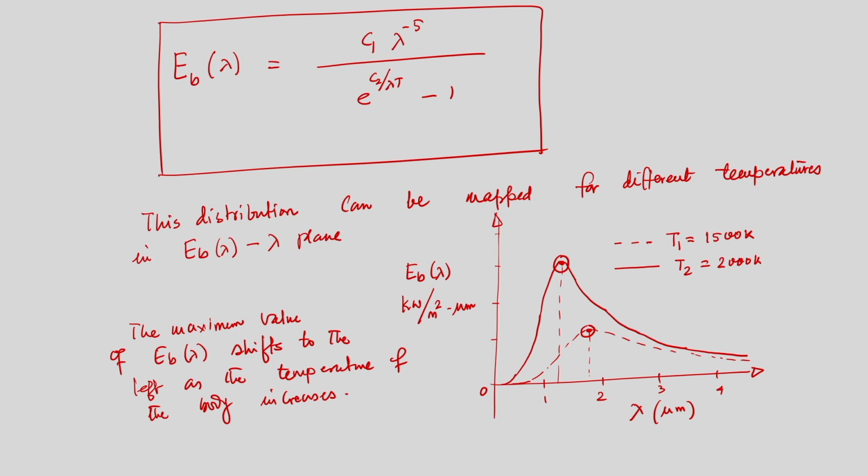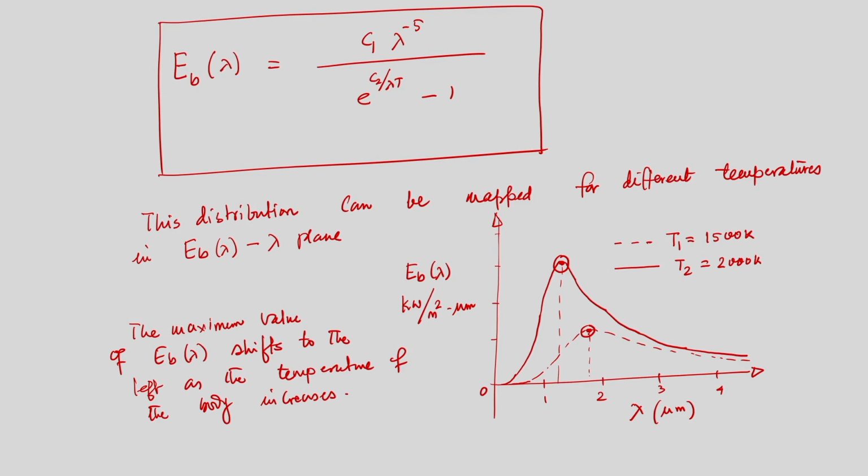The distribution can be mapped for different temperatures, of course, but what we can see is that the peak value of E_bλ, that is the maximum value of the thermal radiation energy, shifts towards the left as the temperature of the object increases. If we can predict the shift of this maximum value of E_bλ, we can use this technique to determine the temperature.